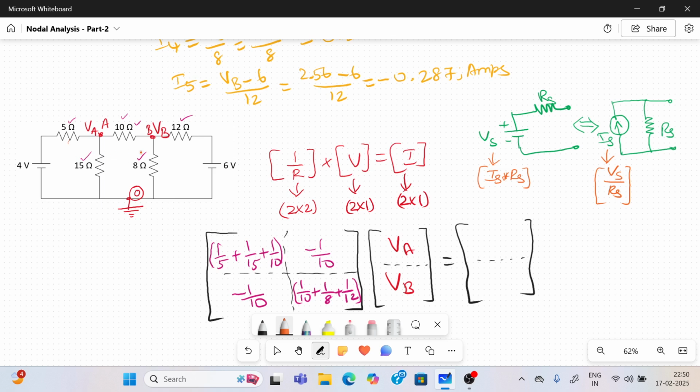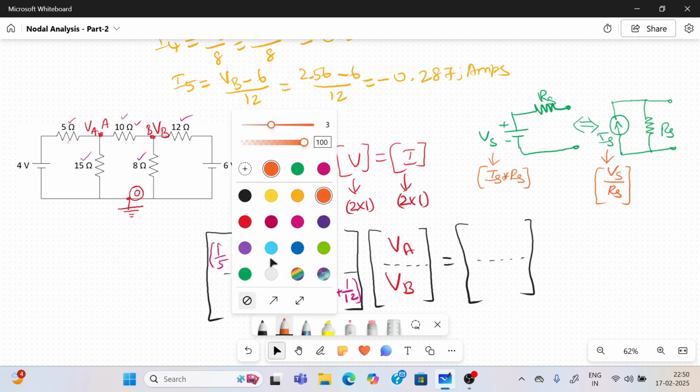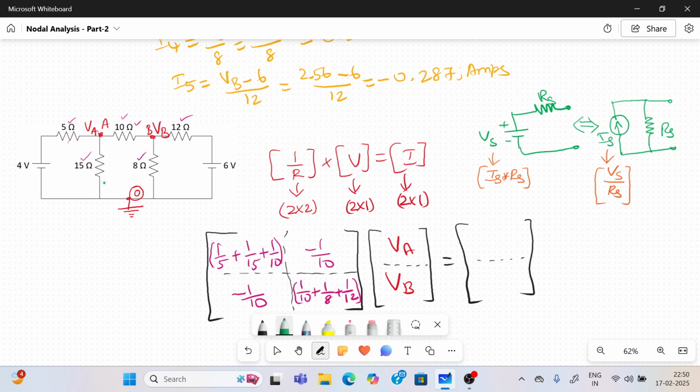Now we are going to do the same thing here, where we have a voltage source in series with a resistance. So we can easily find the current. The current is nothing but V by R amps. What is the current direction?